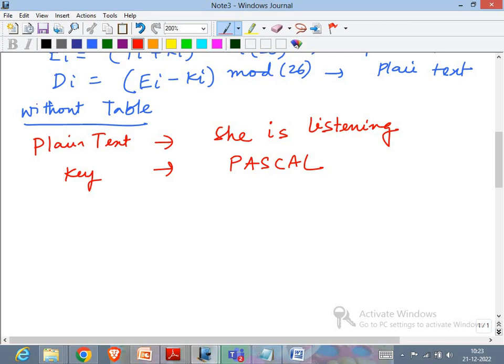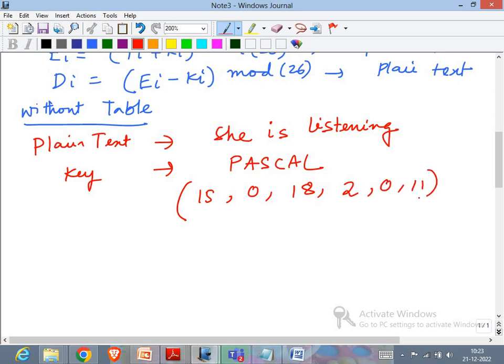Okay. So what we have to do first is, based on the previous arrangement of 0 to 25, that arrangement of letters, we have to find the numeric equivalent of the key. By that what I mean is, if you go back to the table, 0 is mapped to A, 1 is mapped to B, and all those things, P will be 15, A is supposed to be 0, S is supposed to be 18, then 2, then 0 and 11.